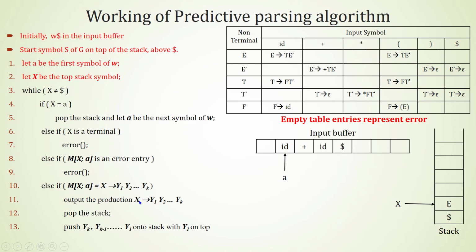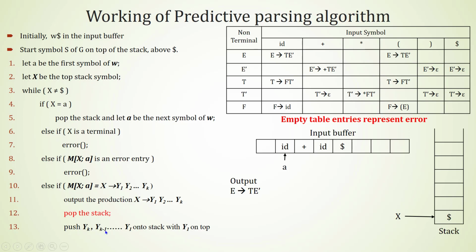Output the production X gives Y1 Y2 up to Yk. So I have to print this production as output: E gives TE dash as output. What is the next step? Pop the stack. So this E will be removed from the stack. E is removed from the stack.